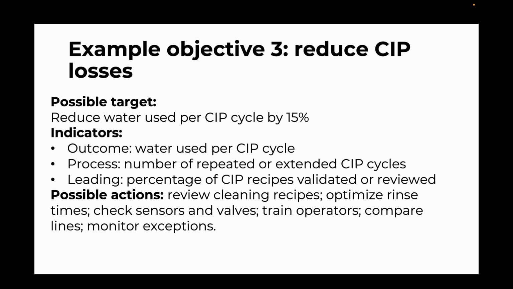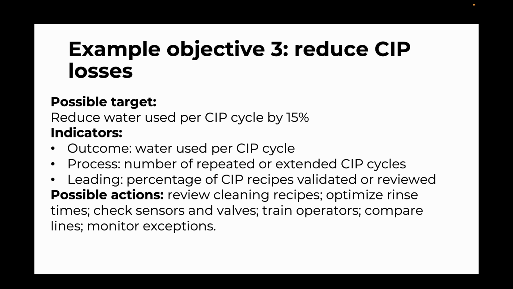The outcome indicator could be water use per cleaning in place cycle. A process indicator could be the number of repeated or extended cleaning in place cycles. A leading indicator could be the percentage of cleaning in place recipes validated or reviewed. Now, this objective is practical because it connects environmental improvement with process efficiency.